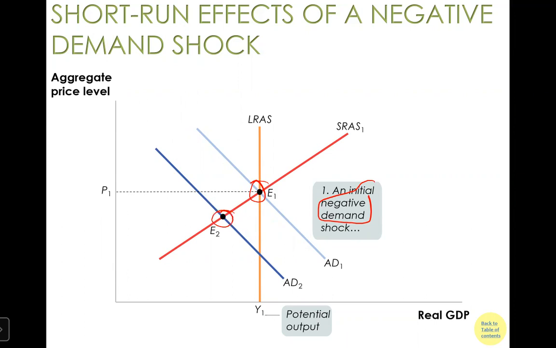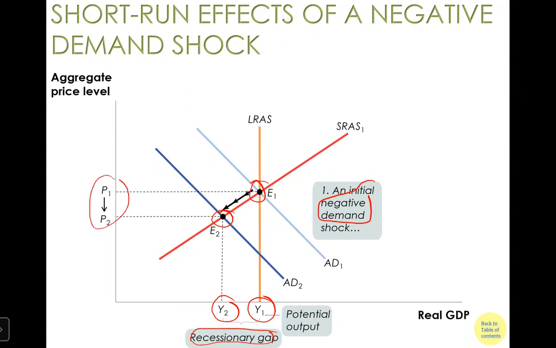We enter here, which means we are going to enter a recession. The actual GDP is going to be below potential GDP, so there's a recessionary gap. At the same time, you can see price is going to decline. This is after a negative demand shock.